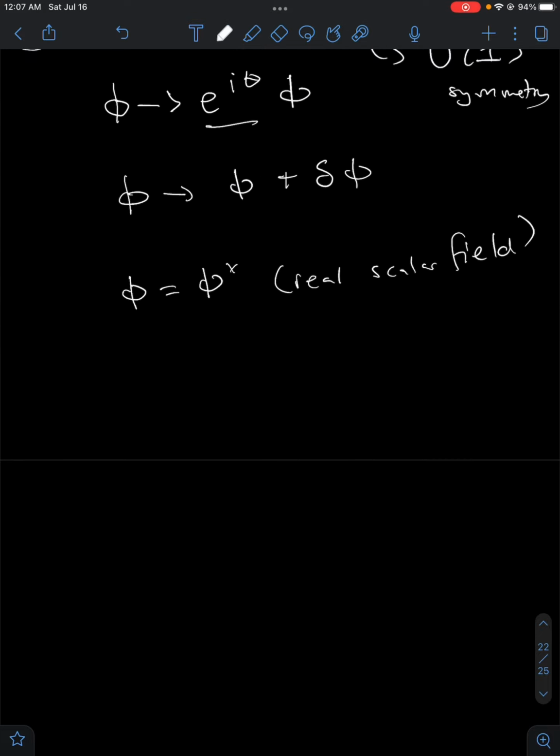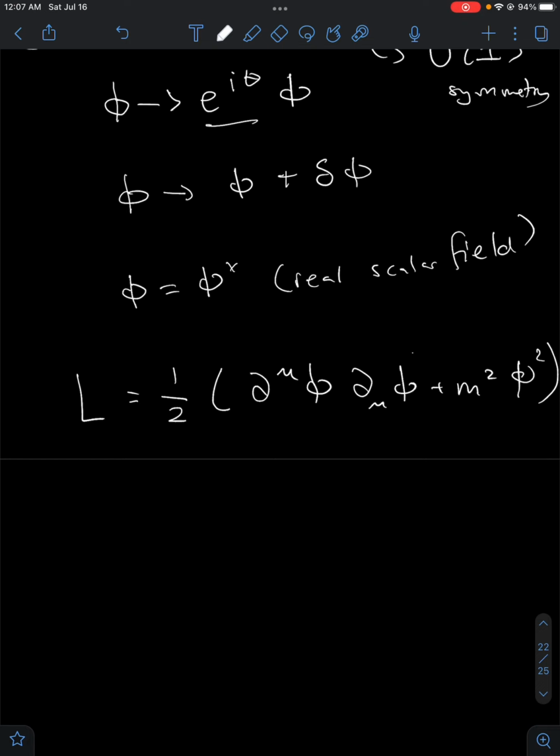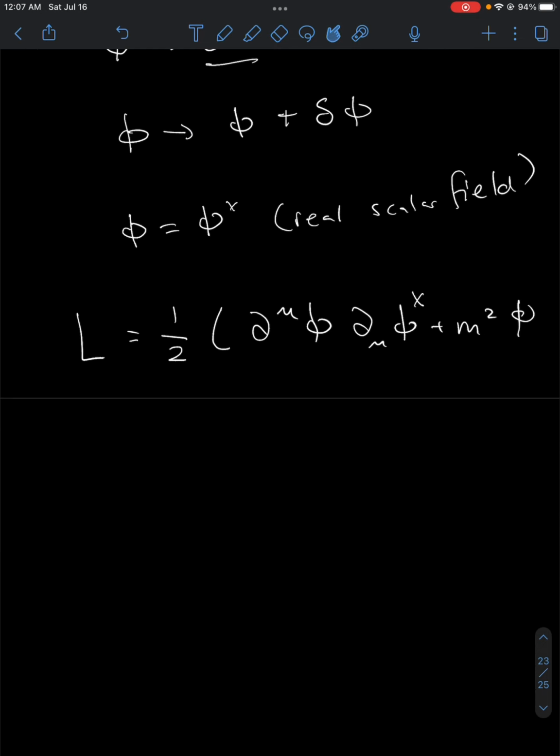So our Lagrangian that we have been using for the scalar field is 1/2 times partial mu phi squared, minus m squared phi squared. This Lagrangian isn't exactly wrong. It's just that it's a bit biased towards the real scalar field. Since if our field is complex, we'd have to technically add a complex conjugate to our field. So it would be m squared phi times phi conjugate.